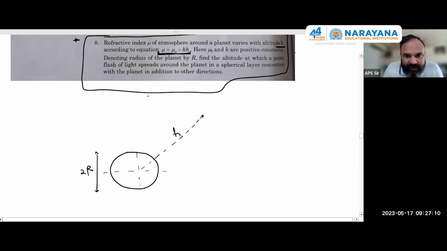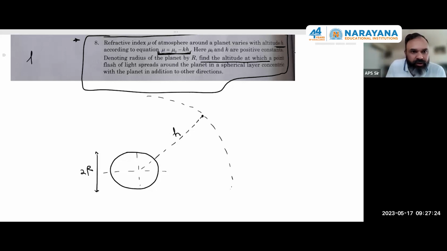Indirectly, it seems that if I draw a spherical shell, the refractive index throughout is the same. Now, layer by layer, the refractive index is changing. So the question was, what should be the altitude, what should be the value of h for a point such that a flash of light spreads around the planet in a spherical layer concentric with the planet, in addition to the other directions?